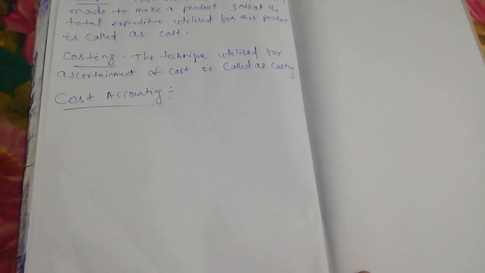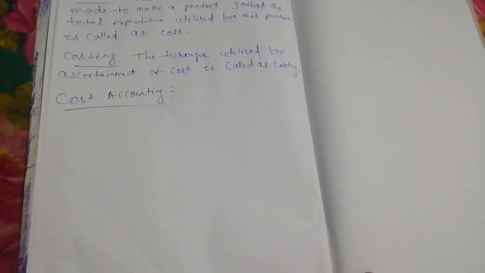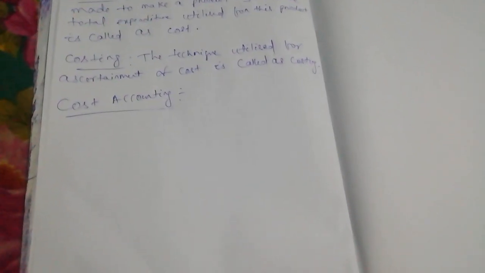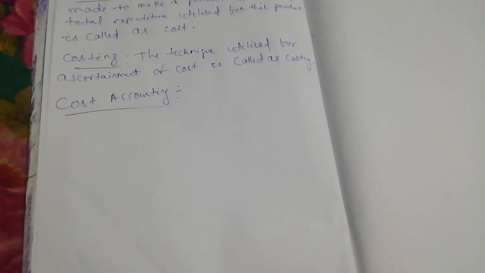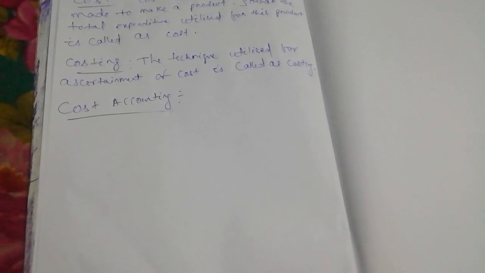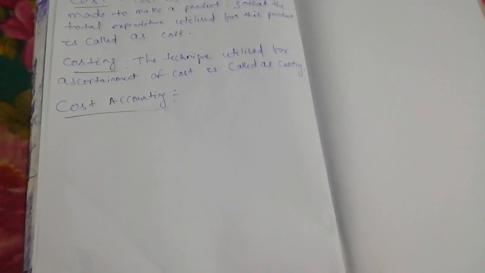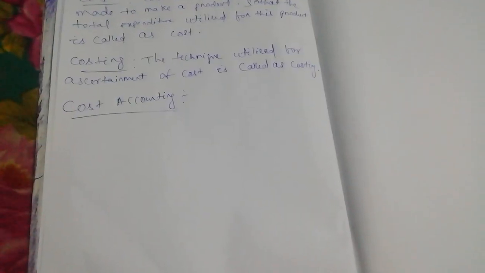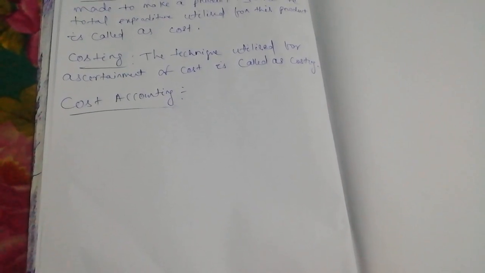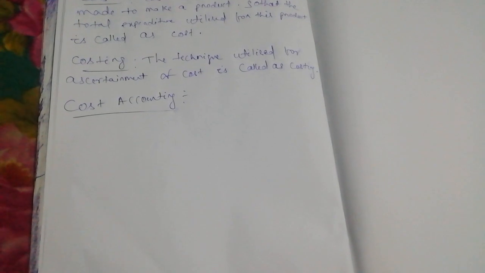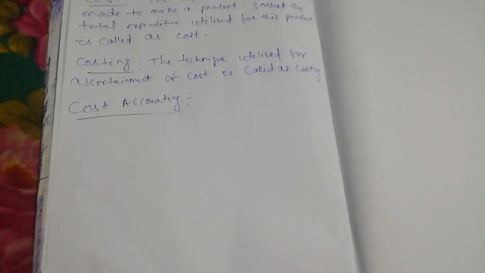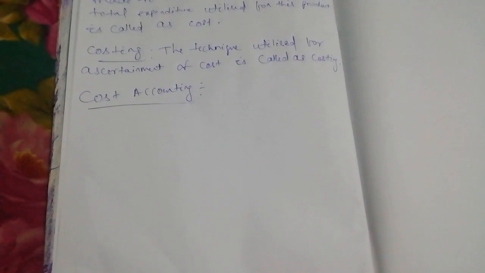Cost accounting is another branch of accounting, because accounting is mainly defined as three types. One is financial accounting, another is cost accounting, third is management accounting. In this topic we analyze cost accounting, because financial accounting and management accounting we will discuss in other chapters.